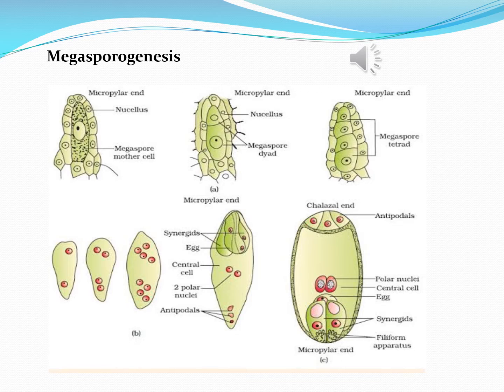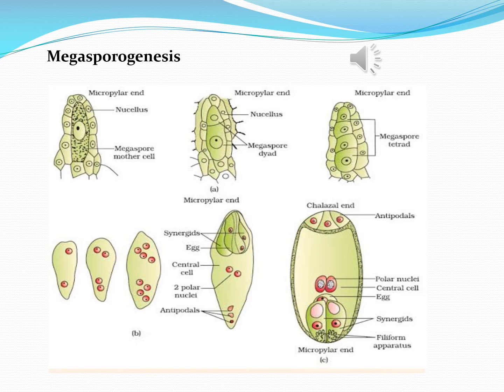In diagram A, the parenchymatous cell near the micropylar region becomes dense and large compared to the other cells. It has a prominent nucleus, and we call it the megaspore mother cell. Out of many nucellus cells, only one becomes large with a prominent nucleus.